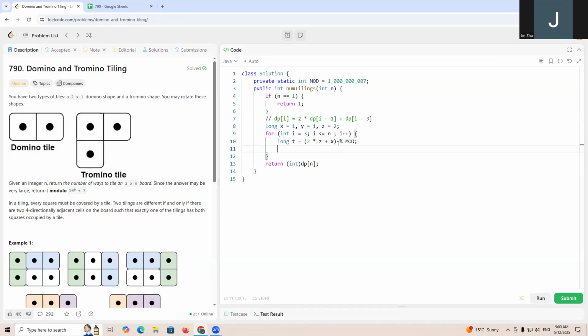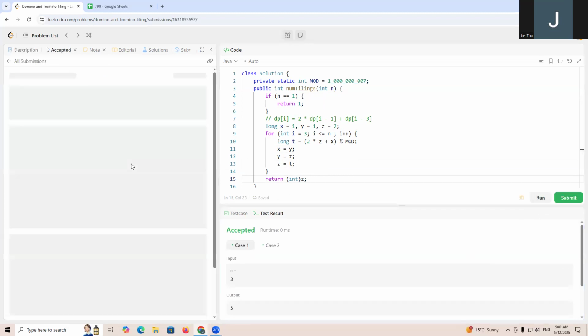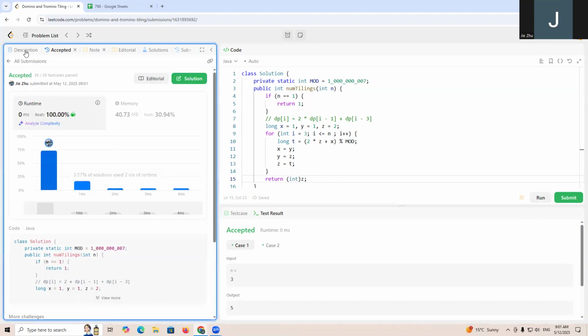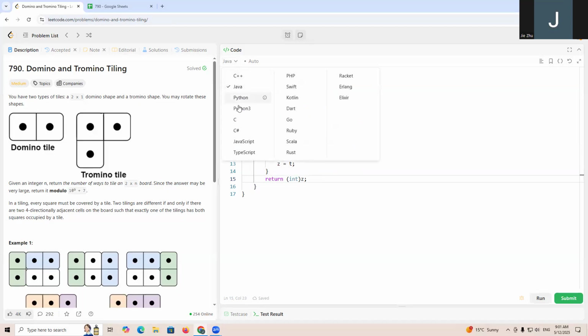Then x equals y, y equals z, and z equals temp. In the end, we return int z. Doing it like this, the space complexity will be constant.